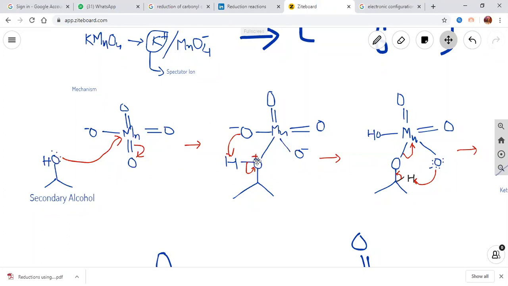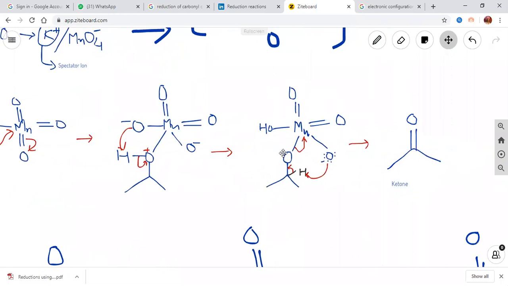So this oxygen, which is bound to the manganese, is able to abstract this hydrogen from this hydrogen-oxygen bond. This bond breaks, and these electrons go to the oxygen to neutralize this charge. So we can see here the oxygen gets neutralized.